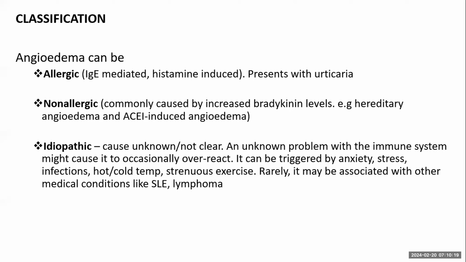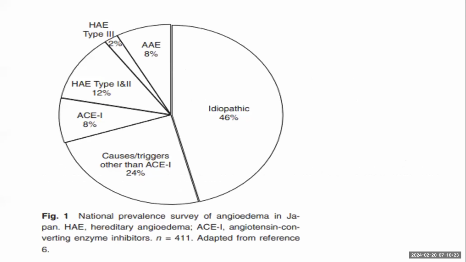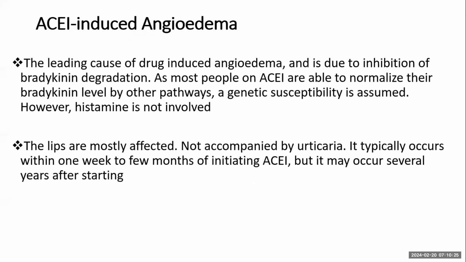Can you give us a brief pathophysiology of angioedema? I'm thinking my diagnosis is ACE inhibitor-induced angioedema, that is angiotensin converting enzyme induced angioedema. It's one of the leading causes of angioedema, and it's due to inhibition of bradykinin degradation.